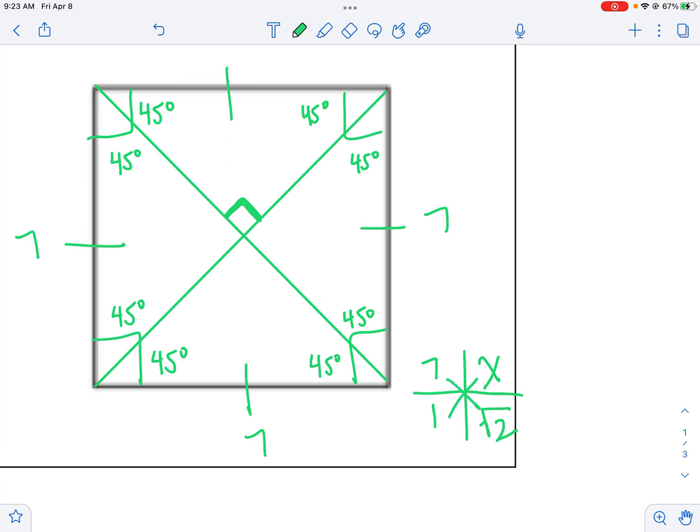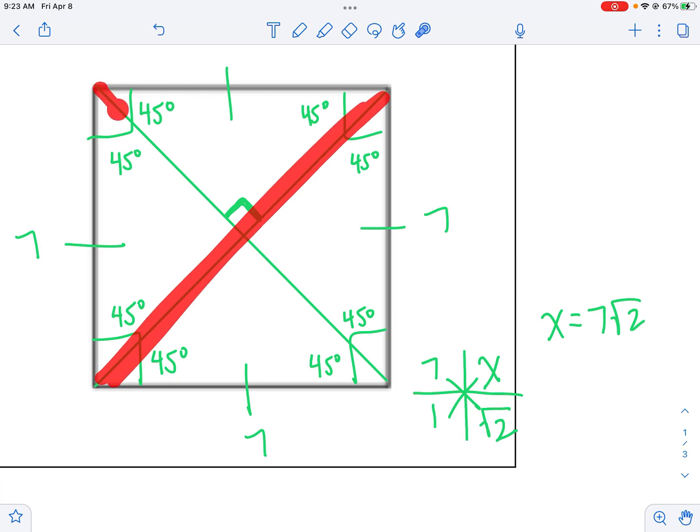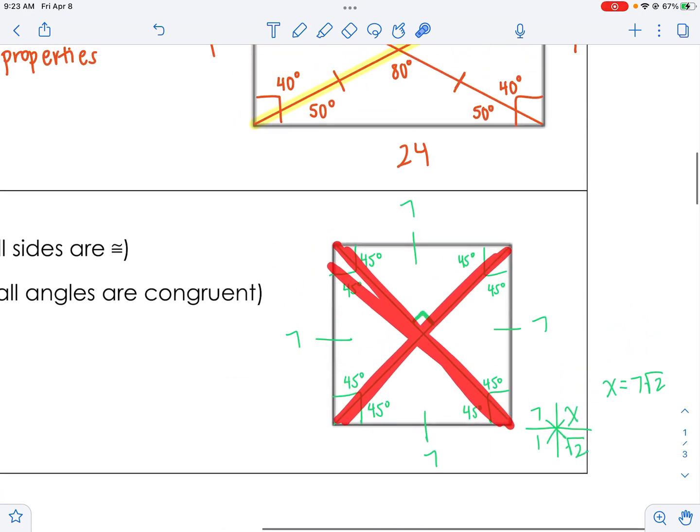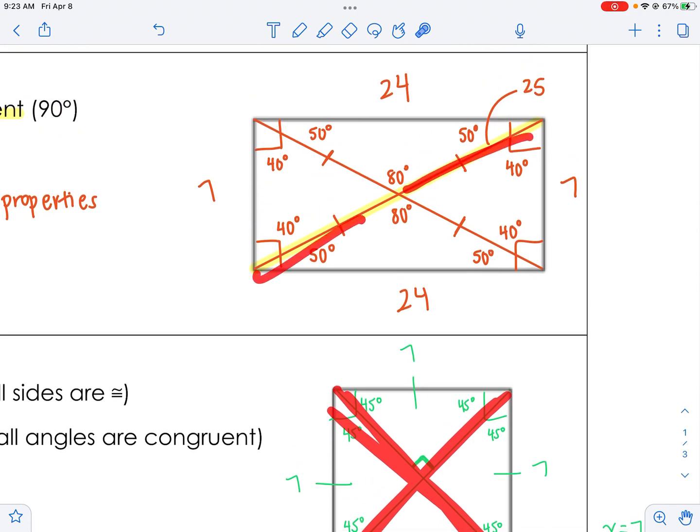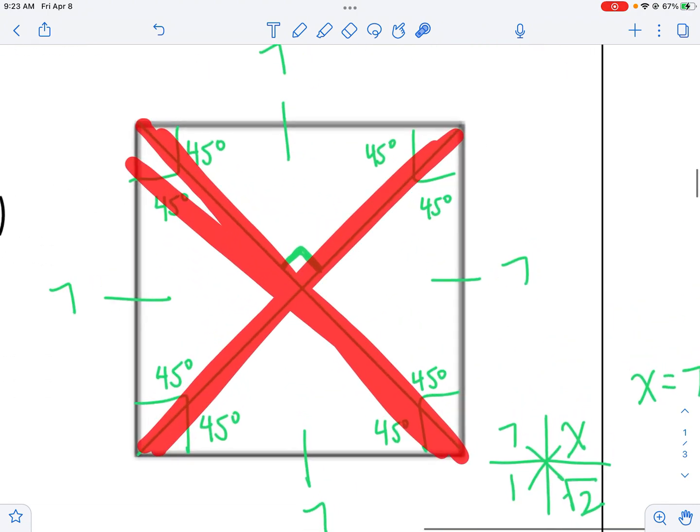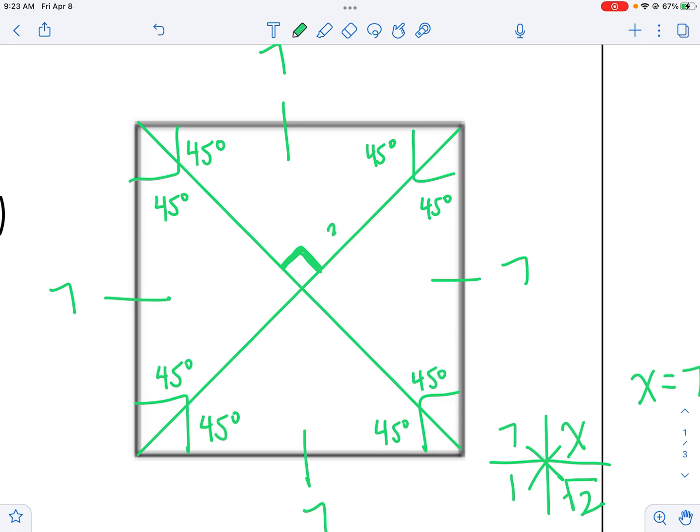And whenever I cross multiply, x times 1 is x, 7 times root 2 is 7 root 2. So now I know that this diagonal is 7 root 2. That would make that diagonal 7 root 2 as well. And then like the rectangle, all these pieces are the same. So if I split it in half, each piece would be 3.5 root 2, because I would just take the 7 root 2 and split it in half.